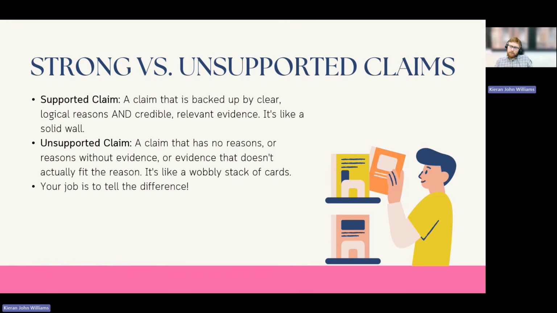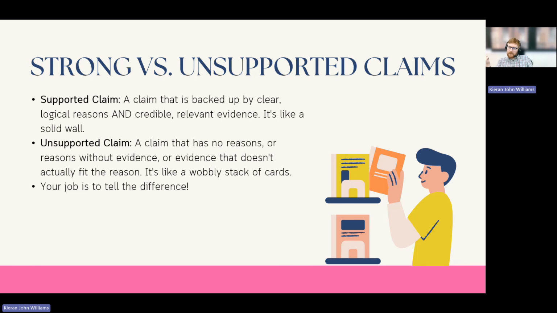So let's compare a strong claim with an unsupported claim. A supported claim is backed by a clear, logical reason and credible, relevant evidence. It is solid, kind of like a sturdy wall. An unsupported claim, on the other hand, could have some weak reasoning, no evidence at all, or the evidence doesn't really seem to fit that claim.